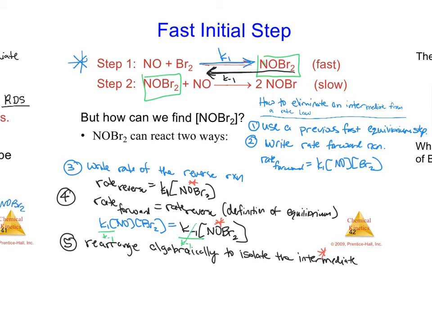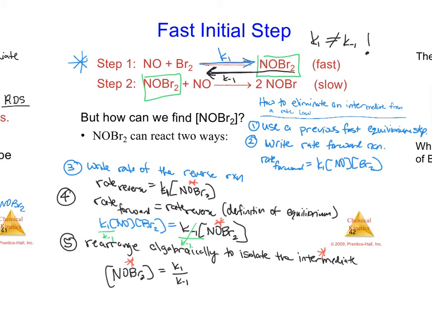So that cancels. So now I end up just rewriting this: NOBr2, which is indeed my intermediate, equals K1 over K minus 1. And remember, K1 is the rate constant for the forward reaction. K minus 1 is the rate constant for the reverse reaction. They are not equal. K1 is not equal to K minus 1. They're distinctly different numerical values.